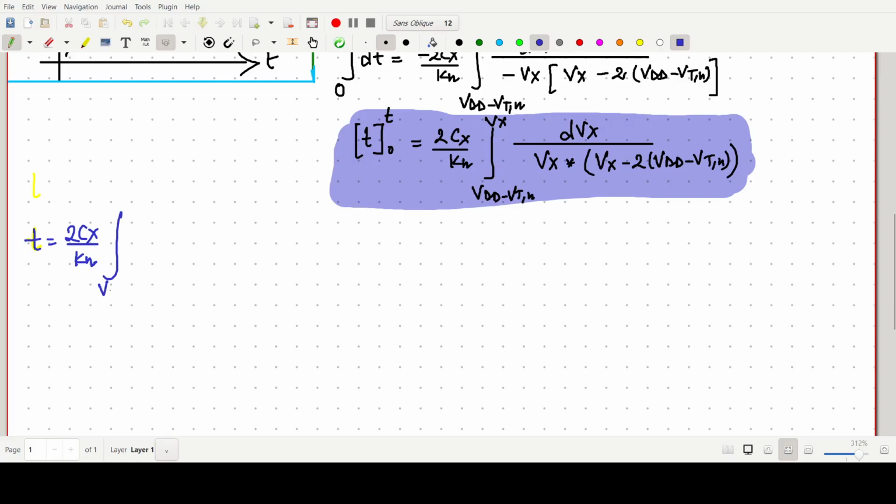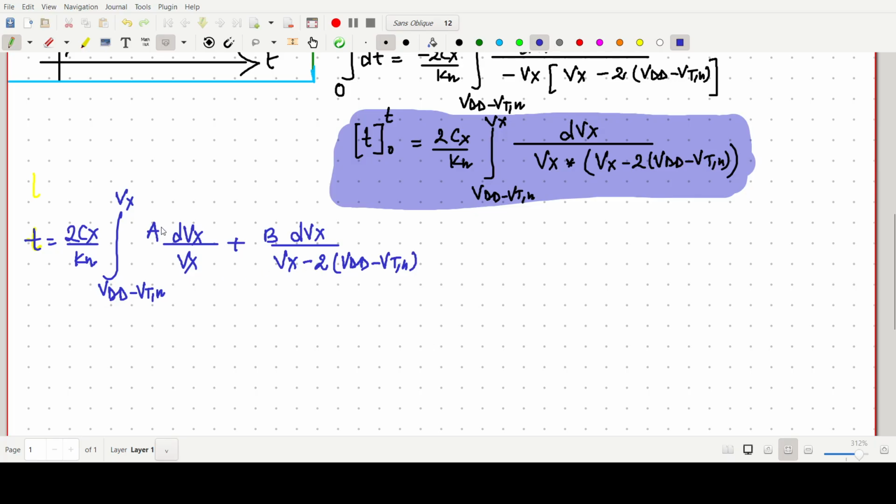This one we have to solve using the partial fraction concept. So this can be written as A times dVx by Vx, plus B times dVx by (Vx minus 2 (VDD minus VTN)).